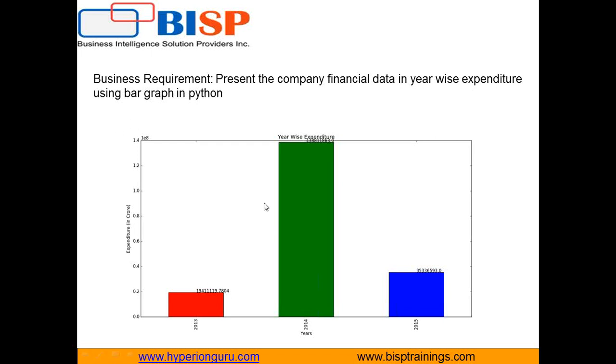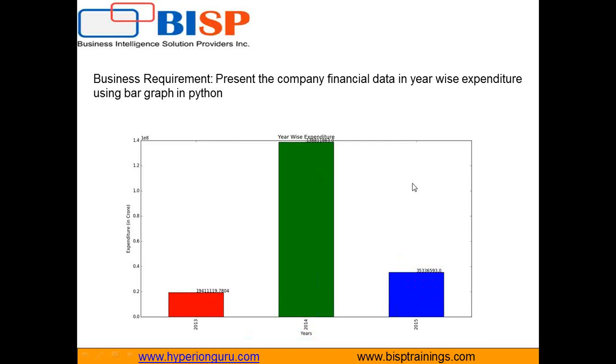And the bars should be represented in three different colors, along with proper axis labels, x-axis labels, y-axis labels, and I also want to add the data points on the bars, placed in three different colors. First of all, we will see how to display the bar graph using Python.